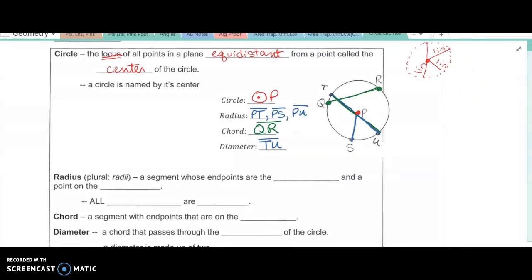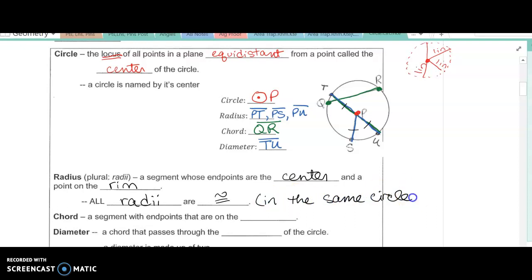So we said a radius has endpoints that are the center of the circle and a point on the rim, is what I'm going to call it. And we know that all radii are congruent. Every single radius in this circle will be congruent, they're all congruent when they're in the same circle.